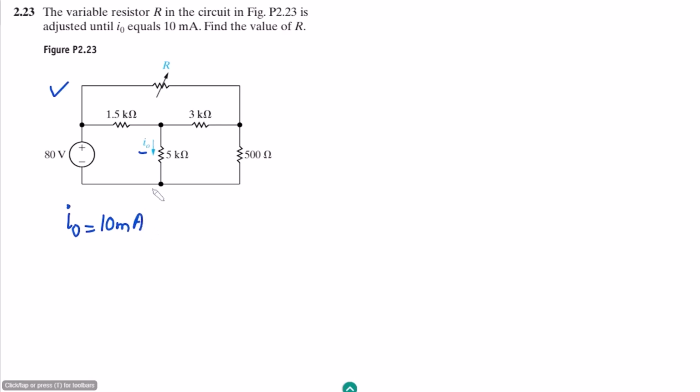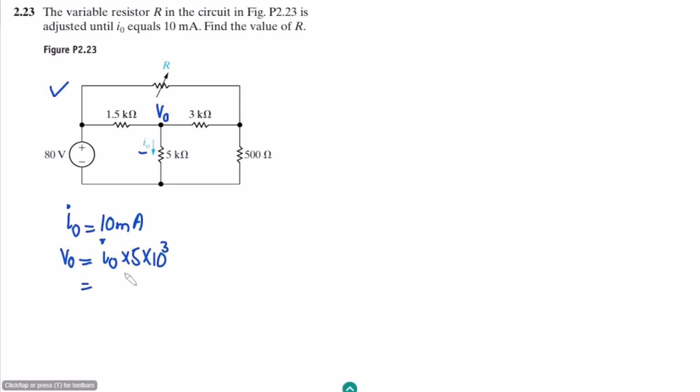So if this is 10 milliamps, let us have here this voltage, let me call it V naught. So the current through this resistor is known, that is 10 milliamps, and the value of the resistance is also known. So we can very easily find out the value of V naught, that is I naught multiplied by 5 kilo ohm. So 5 kilo ohm is 5 into 10 to the power 3.